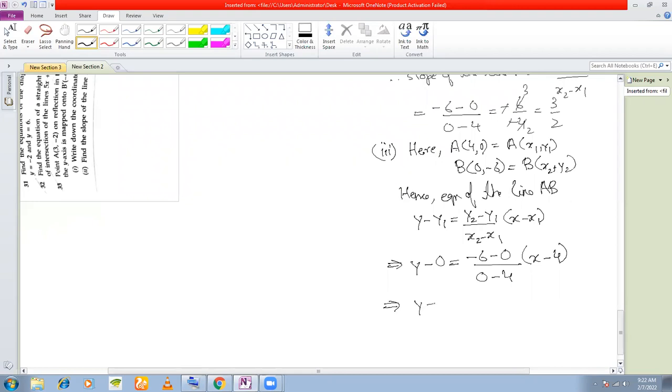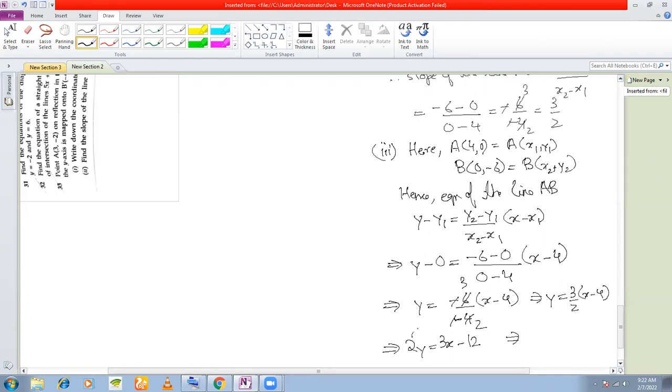That means you get y is equal to minus 6 by minus 4 into x minus 4. So y is equal to 3 by 2 times x minus 4. Now if you cross multiply, you get 2y is equal to 3x minus 12.